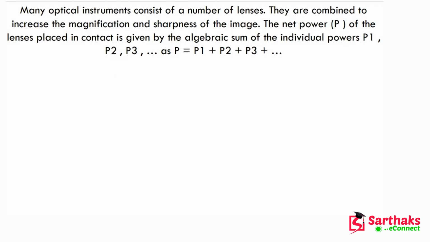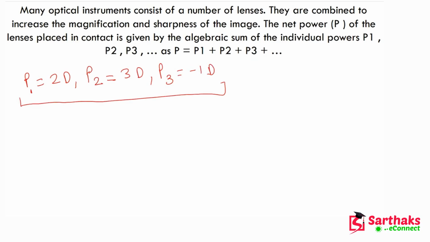For example, you have a lens of power 2 diopter, and you have also a lens of power 3 diopter, and you have also a lens of power minus 1 diopter. Now you have to calculate the overall power. If you combine these lenses, then what is the overall power?